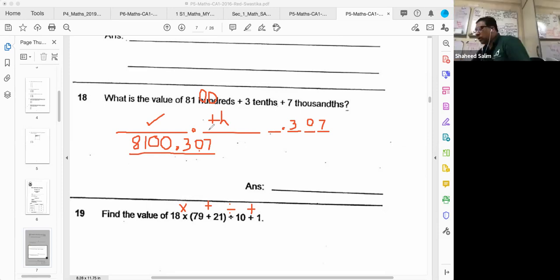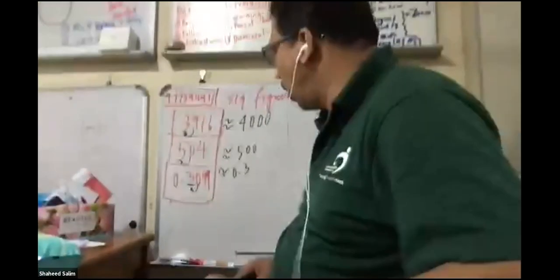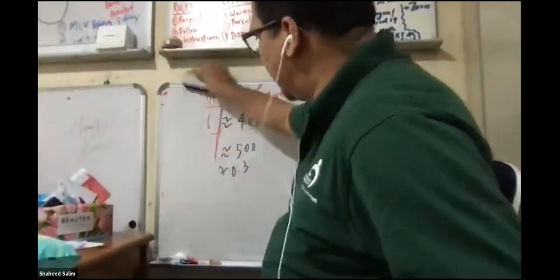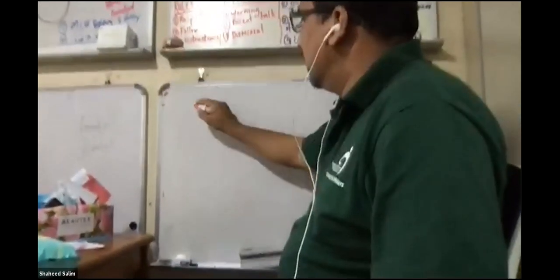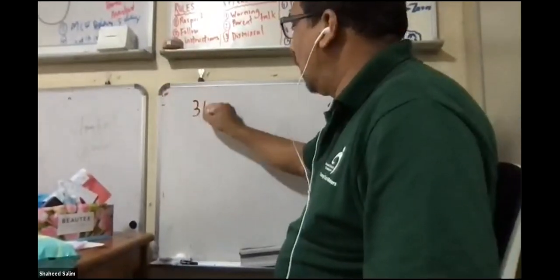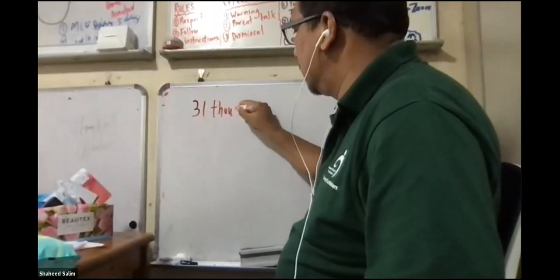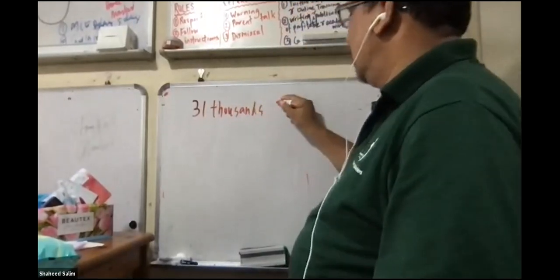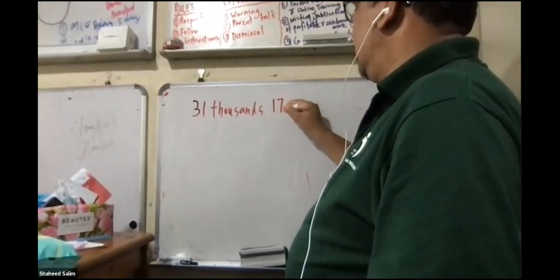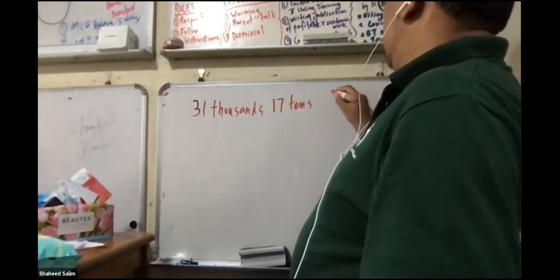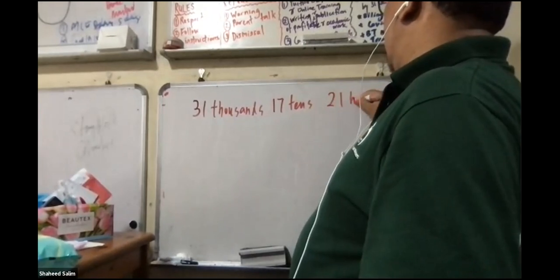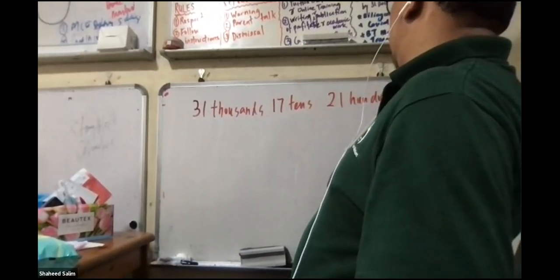Now, do this one to be sure you understand. This is actually small topics in mathematics. Very small topics. But even though they're small topics, you need to be able to do them. Let's say now, 31,000, 17 tens, and 21 hundredths.